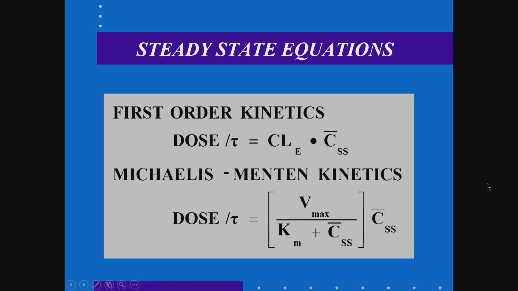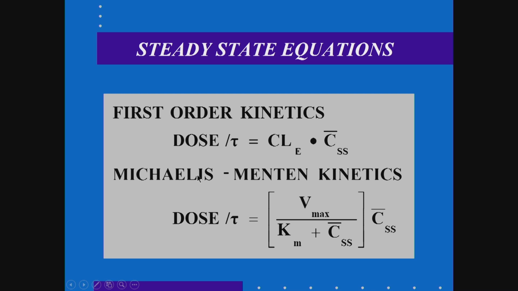So let's look again at our steady state equations. We're giving the drug at intervals orally, and this is the equation we described before for drugs that follow first order kinetics: clearance of elimination times the mean steady state concentration.